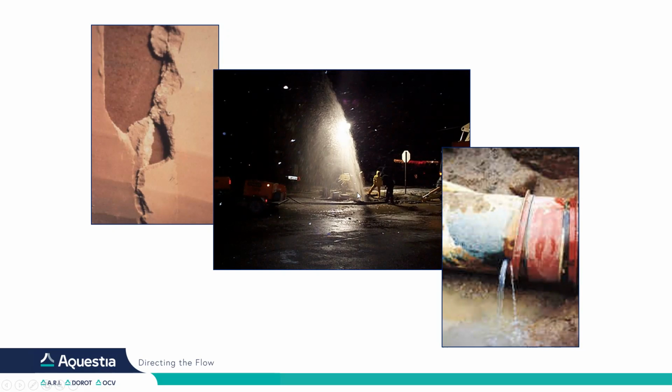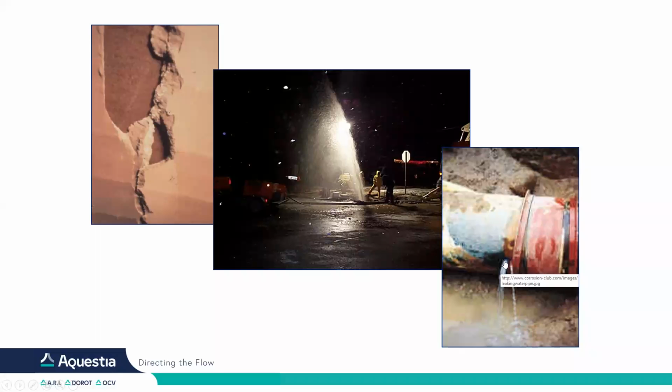When you have this big burst, that's very easy to locate because you see the water coming out, you come, you repair, you fix it, and that's it. But those small leakages, and that's mostly what you have in your system, are hidden. It's not something that you can see and come and fix very easily. It's very, very difficult to locate those small hidden losses, small leakages in your system.